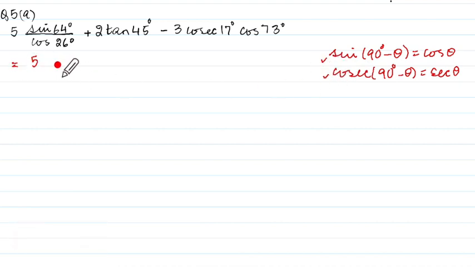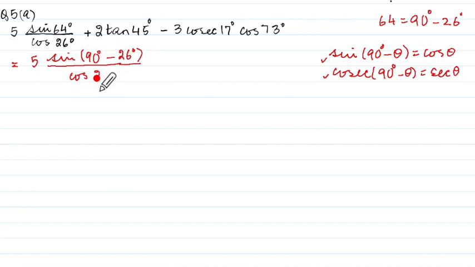So we have 5, and in the numerator we will have sine of 90 degrees minus. Now 64 is to be written as 64 is equal to 90 degrees minus 26 degrees. So we are going to convert this numerator as not sine of 64 but 90 minus 26, which is anyway 64. But we write it in this format.